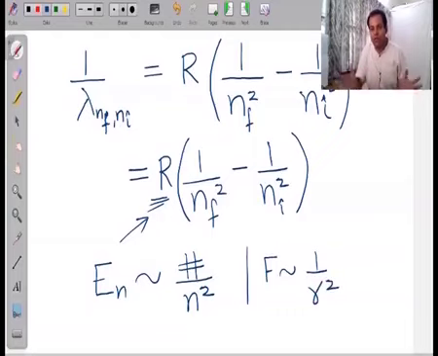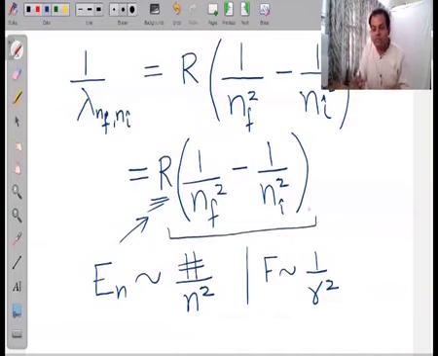So the form of the force is same, so the spacing between the energy levels is same, and a similar expression would also hold if the interaction was gravitational in nature, but the constants which are sitting in the Rydberg constant would be different. And how different would they be? Let's have a look.